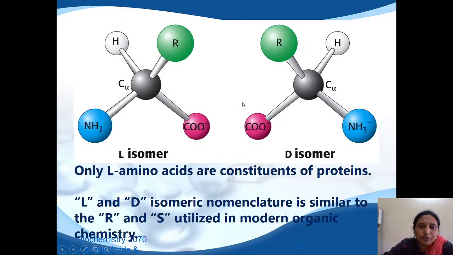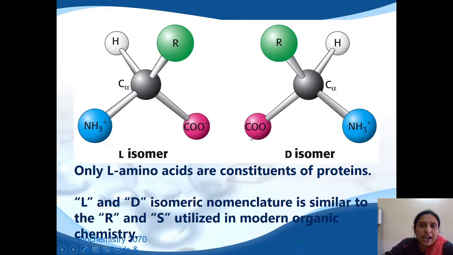In the D form, to the alpha carbon, NH3 is on the left side and the carboxyl group is on the right side. The mirror image of the D isomer is the L isomer.